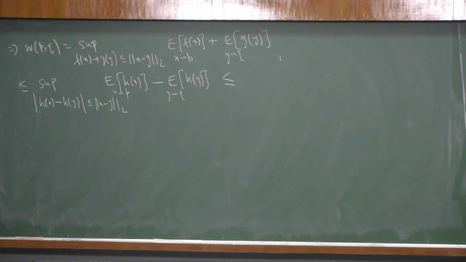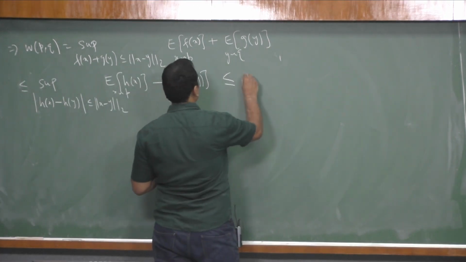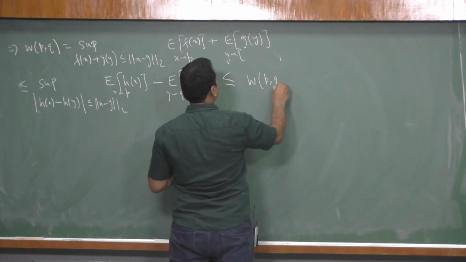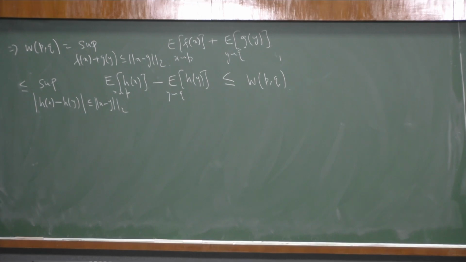And this we have shown before is less than WPQ. So we have shown both ways now. We started with WPQ and we ended with WPQ. So what it essentially says is that WPQ must be equal to this.